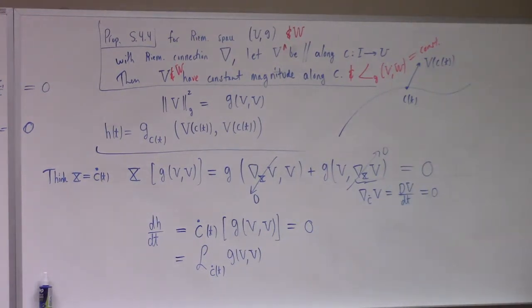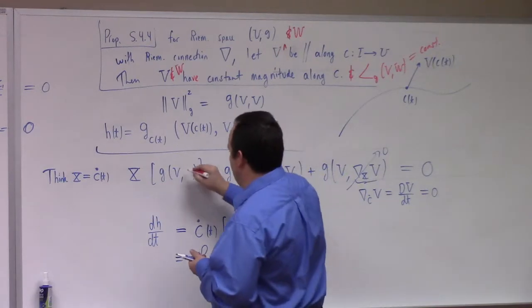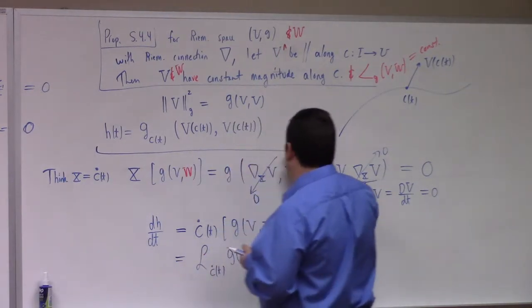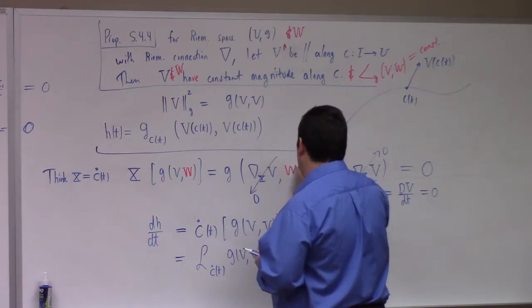So the angle doesn't change. The angle is constant along C. All you do is put a W here. And so if this other proof isn't wrong, then this one is also good.